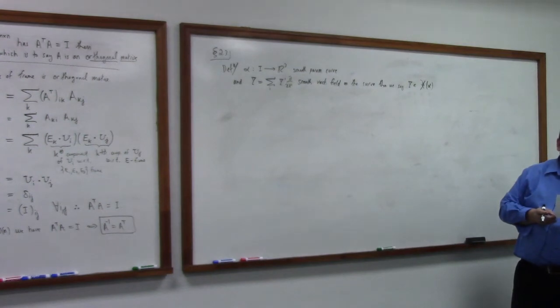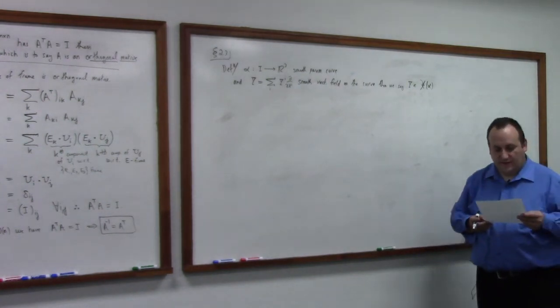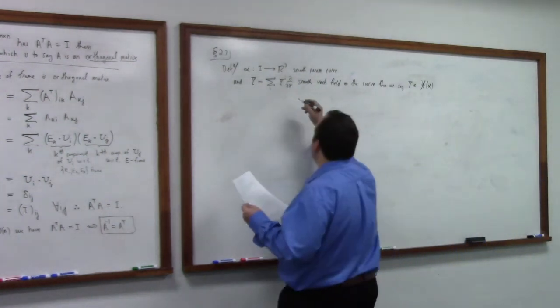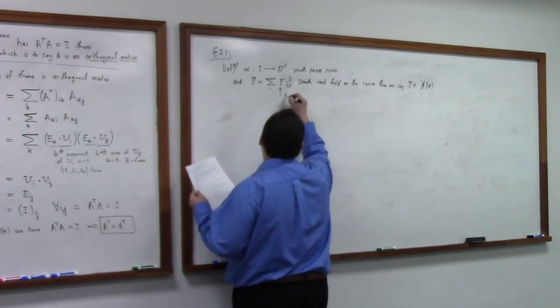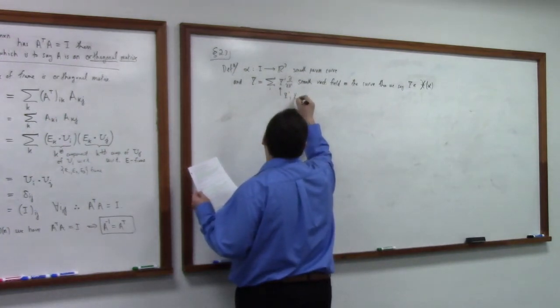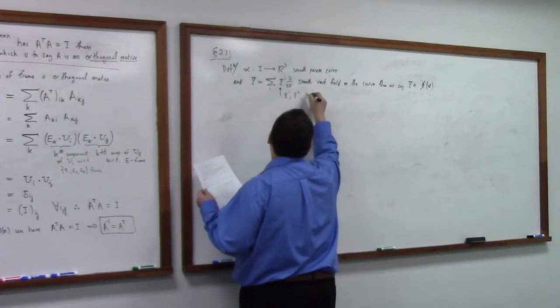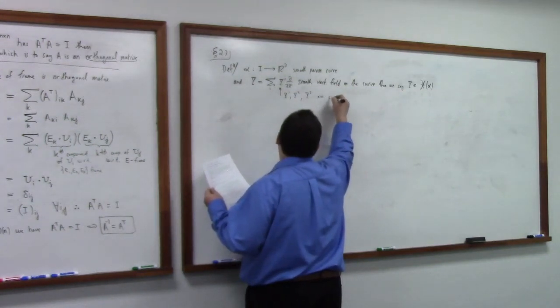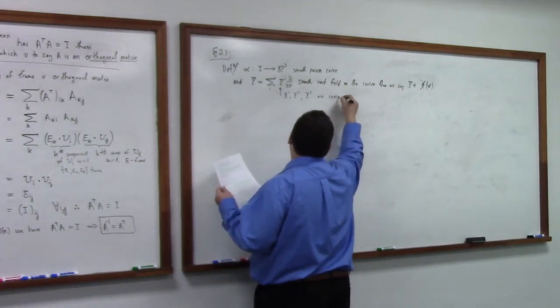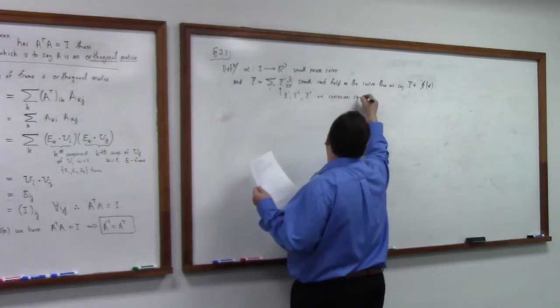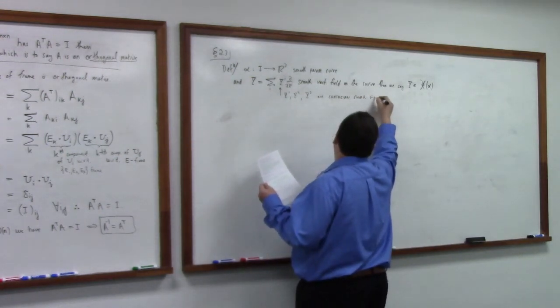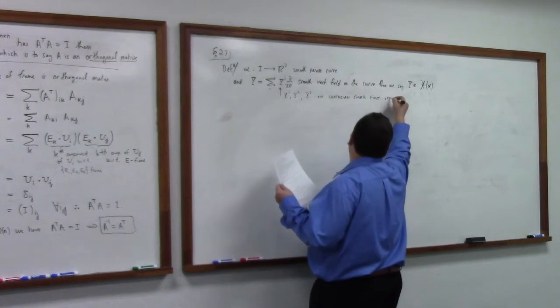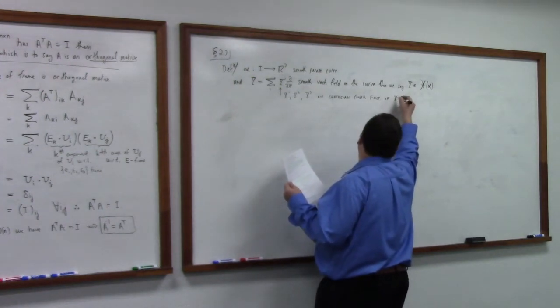The functions y sub i are the Cartesian coordinate functions of y. So these guys, y1, y2, y3 are Cartesian coordinate functions of, I should say, of y.